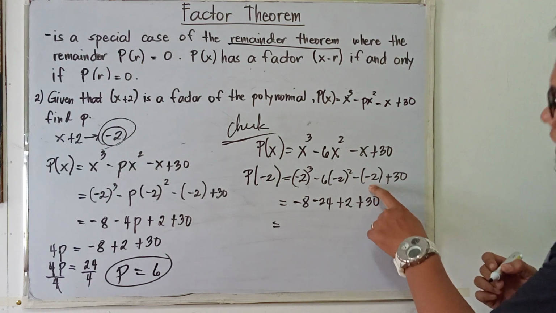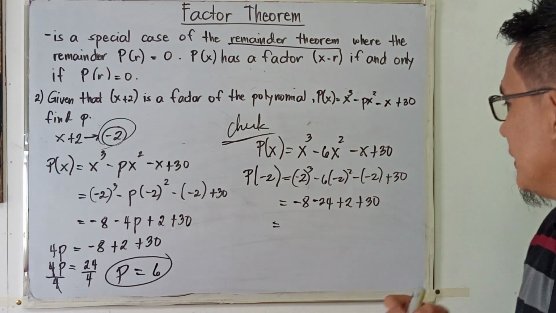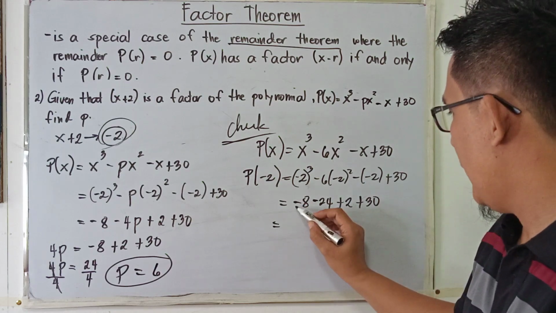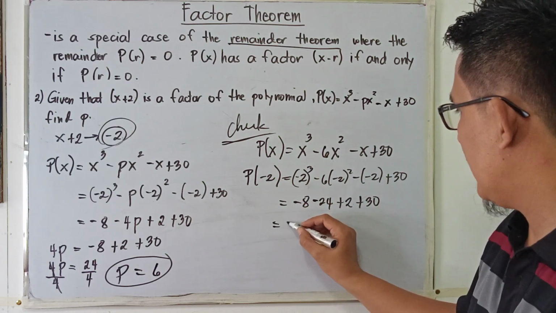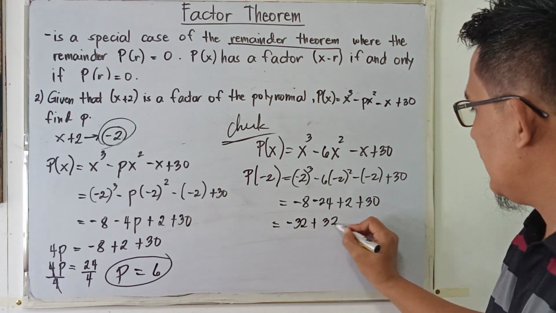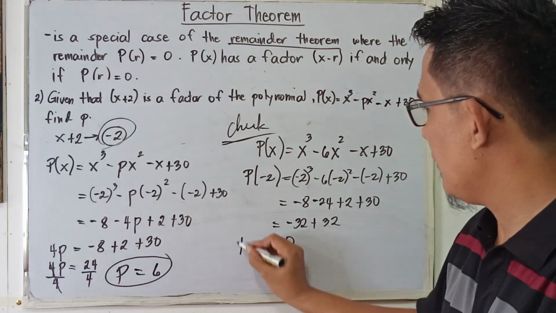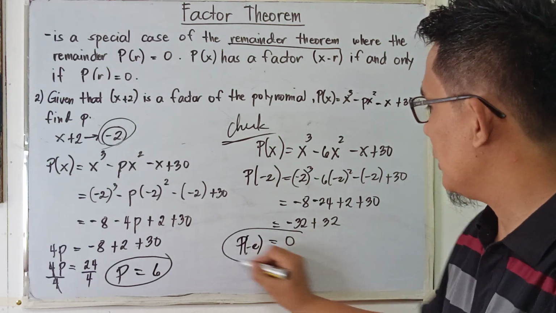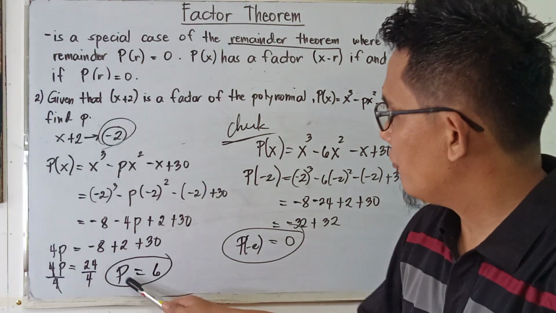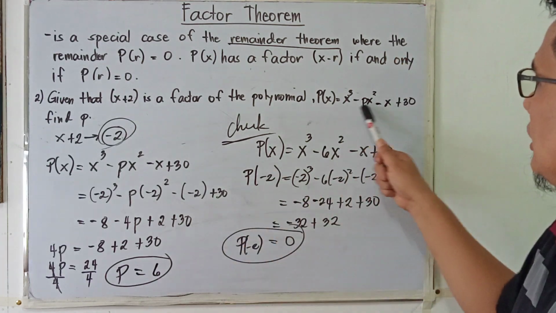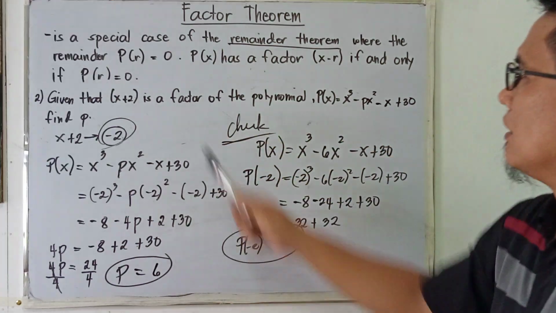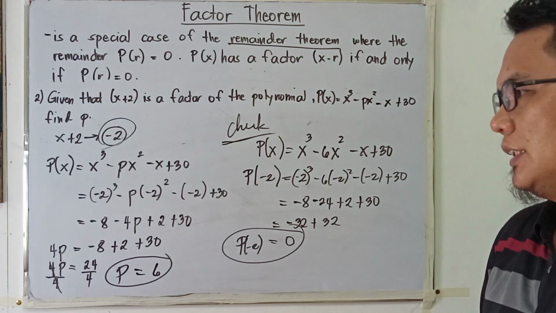Negative times negative is positive, there's a negative 1 here, sorry. Yes, that is now correct. So this becomes negative 32 plus 32, and that is now 0. Therefore, P of negative 2 is 0, and that concludes that the value of p is 6 in this polynomial equation, so we can say that x plus 2 is a factor of P of x. Okay?